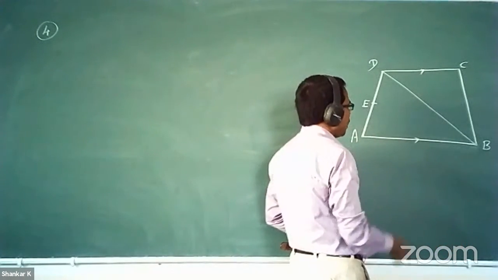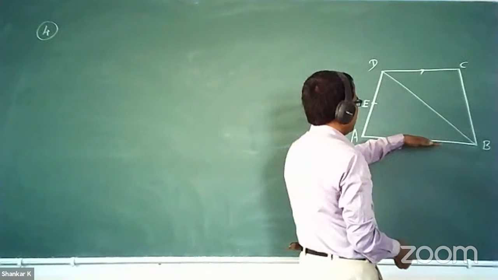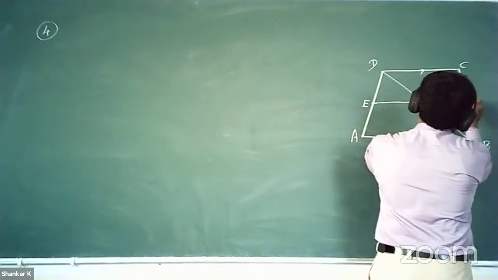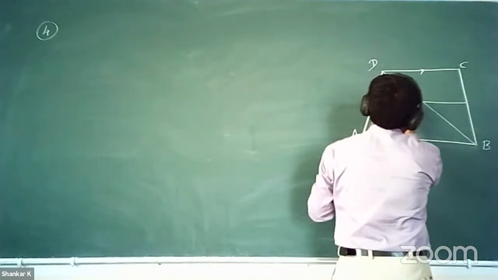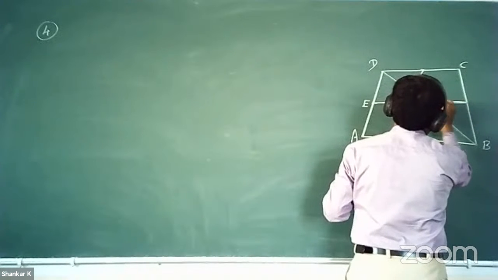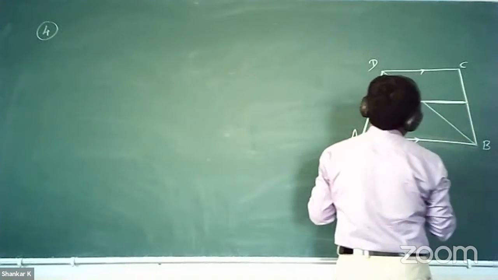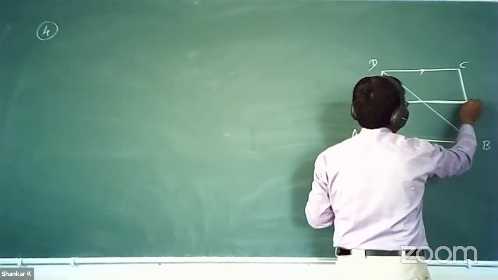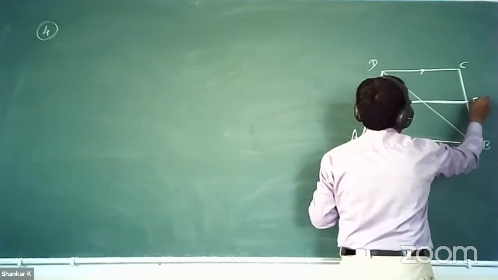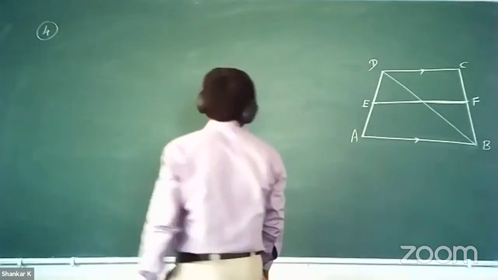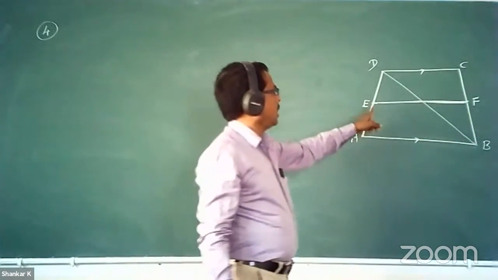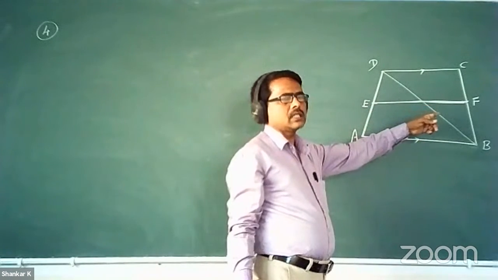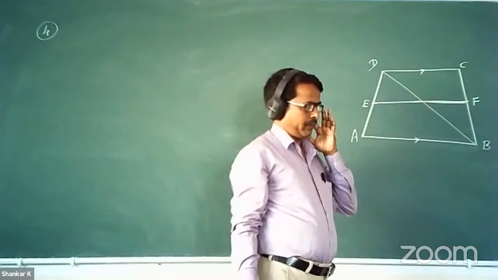A line is drawn through E parallel to AB, intersecting BC at F. So, like this, the line is drawn. This line is parallel to AB, and it intersects BC at F.